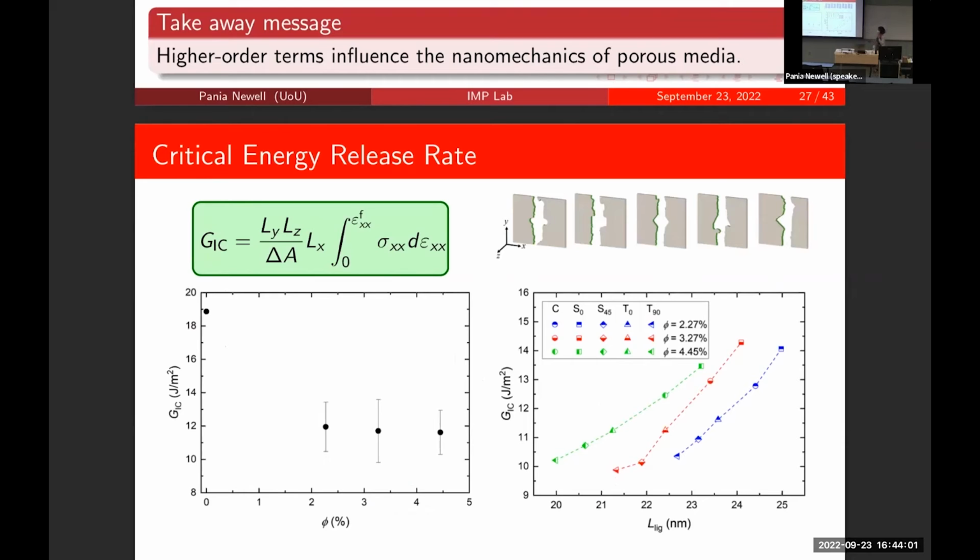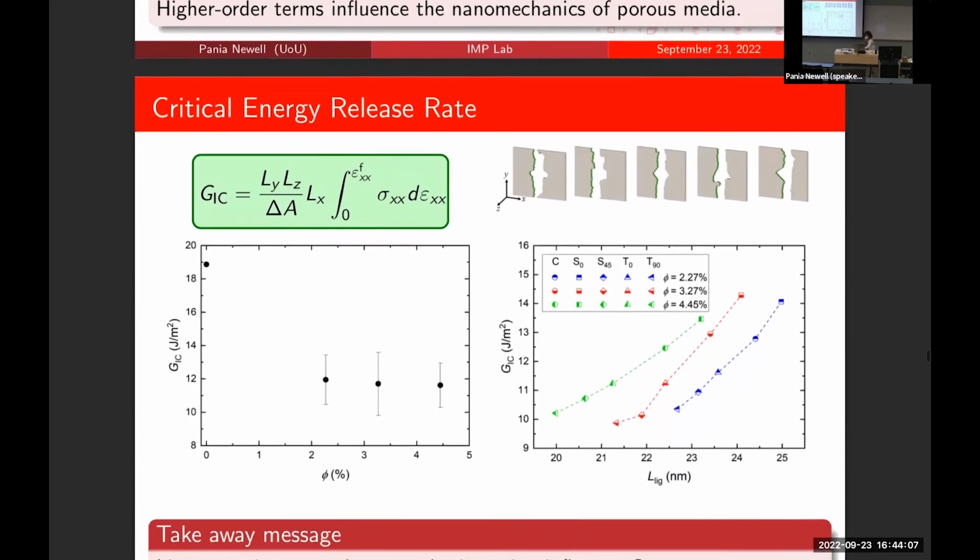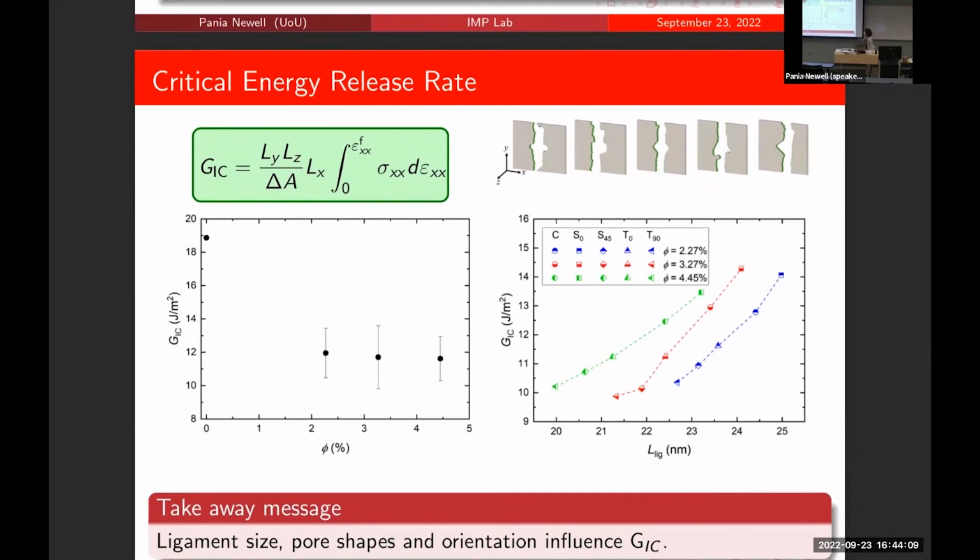How about the critical energy release rate? Why do we care about this? At the end of the day, we want to make sure that we are preventing things from failure, and we want to control fracture. So we look at the GIC value, the critical energy release rate. We plot this for all those 9 cases, all combined based on their porosity. We see that this is unlike what happens at the macroscopic level.